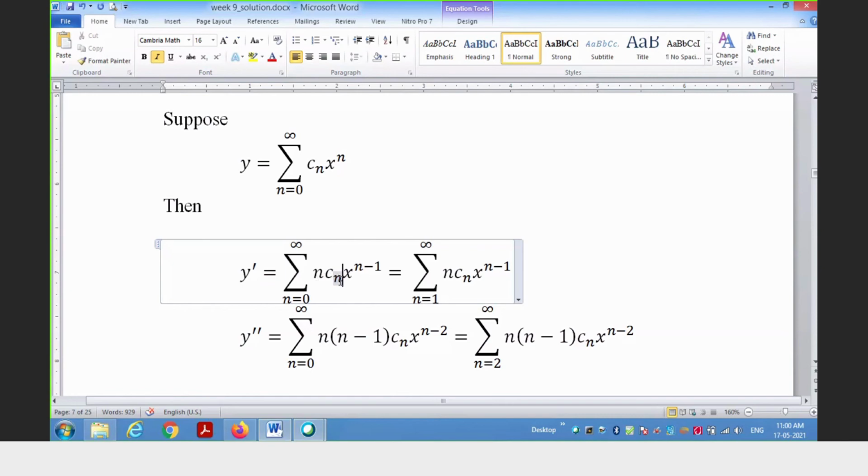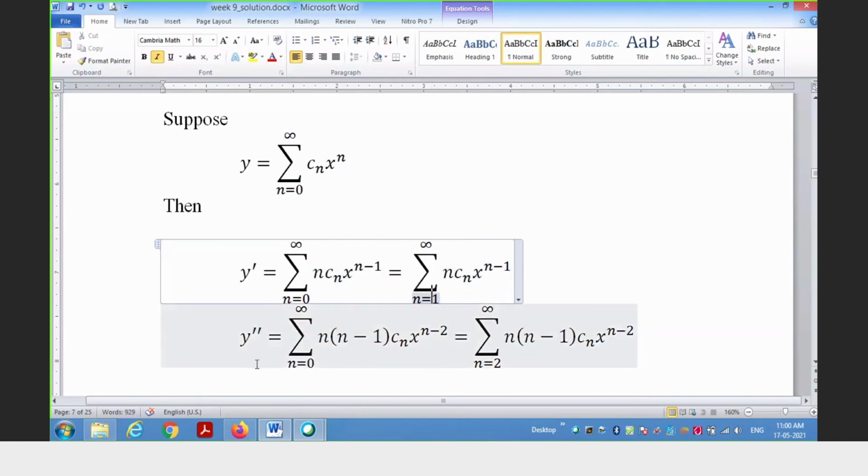So now instead of starting from n equal to 0, we can start n from 1. Why? Because when n is equal to 0, this term is gone. There is no value when n equals 0, so we can start n from 1.